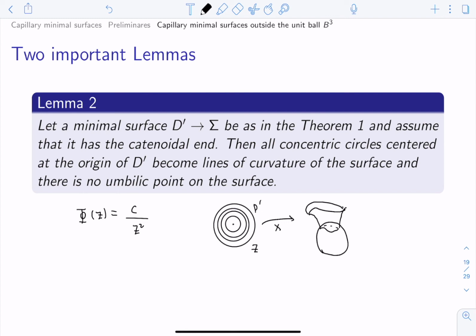So it goes like this. We immediately find out that the surface is foliated by lines of curvature, and it has no umbilic point.